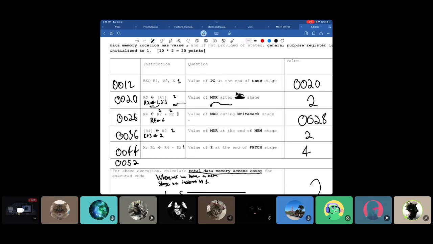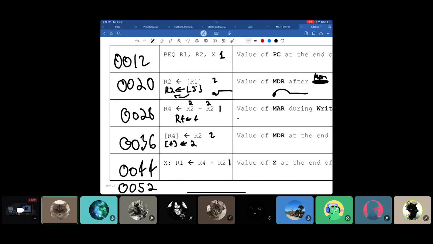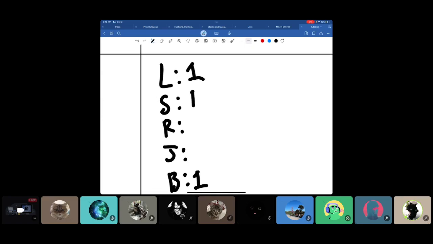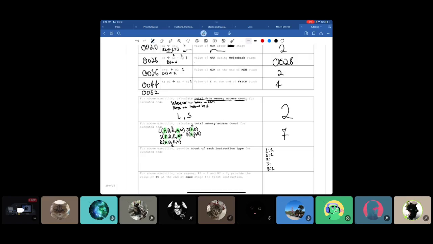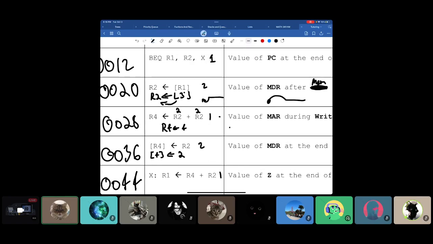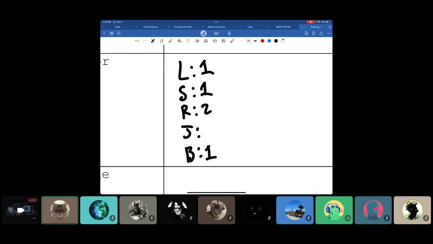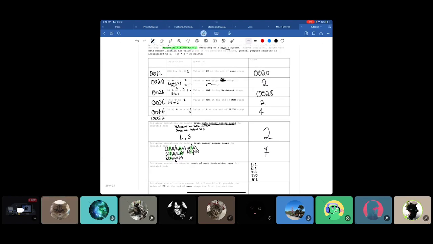Store, looks like there's just one. R type, there is 1, 2. That's 2. And then there's no jump types, right?